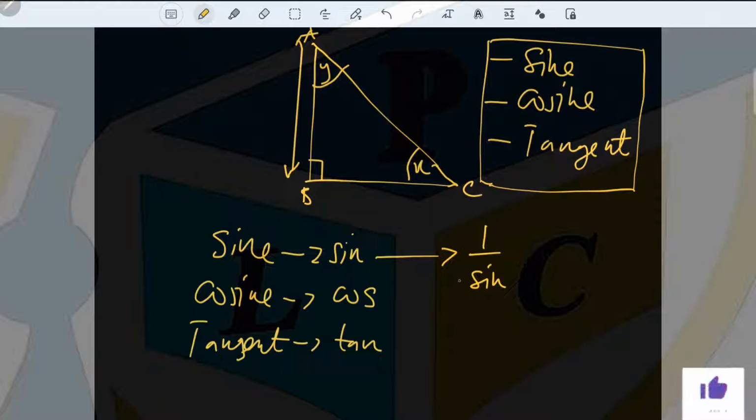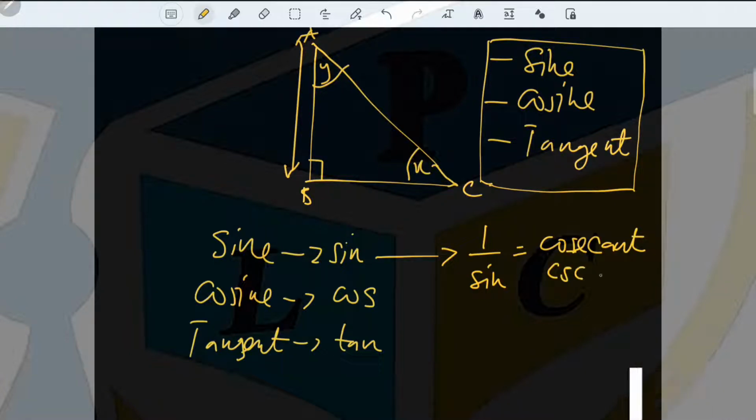So the inverse of sine is 1 over sine, the ratio that sine gave birth to, and we call it cosecant. In other words, you might see csc, or you might see cosec.